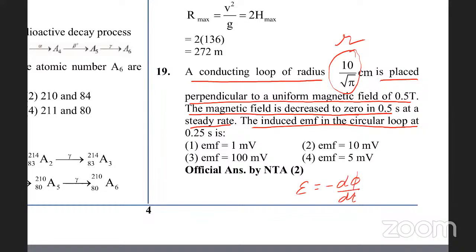The rate of change of magnetic flux is equal to the EMF induced. So what is the formula for flux? Phi is equal to field into area. Area is pi r square. If n turns are there, multiply by n. So d phi by dt is dB by dt into pi r square. If you apply this concept, you will get 10 millivolts, the induced EMF in the circular loop.